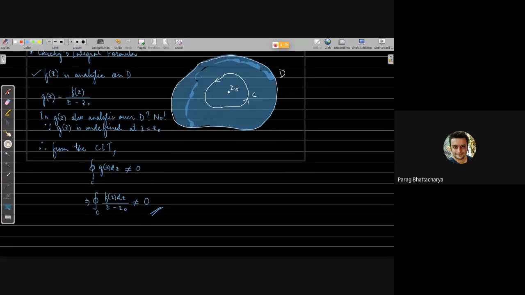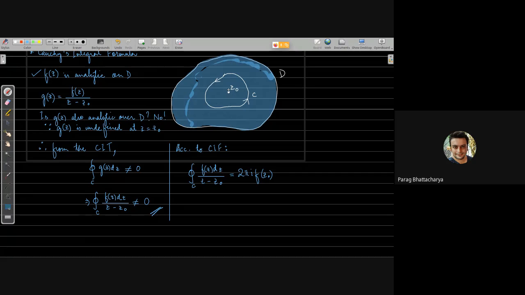Cauchy's integral formula gives us the answer. According to Cauchy's integral formula, the closed loop integral of f of z dz divided by z minus z naught is non-zero, and its value is equal to 2 pi i times the value of the function. f is analytic everywhere, so f is not undefined at z naught. g is undefined at z naught, but f is not.